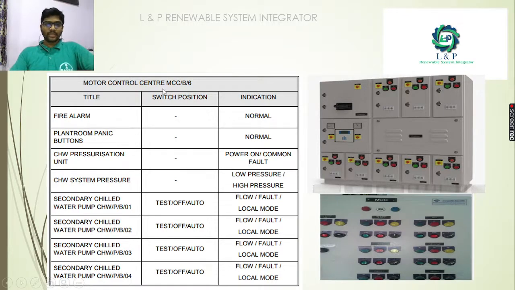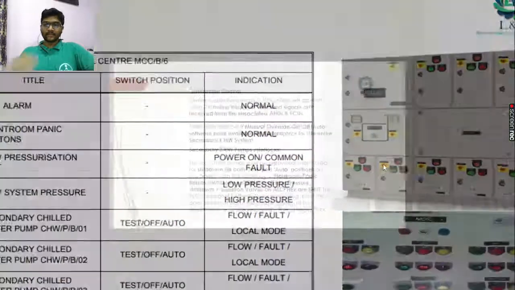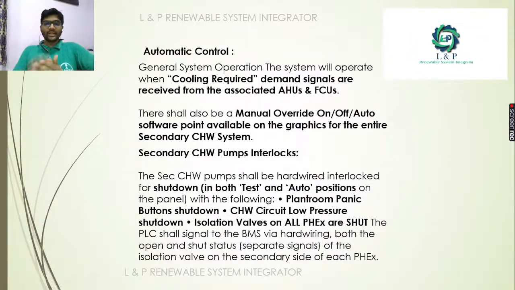With the help of the motor control center, we are going to monitor and control many signals, for example fire alarm signals, panic buttons, chilled water pressure station units, power on and power off status, and all the pumps' test status, off status, auto status, flow status, fault status and local modes. Everything we monitor with the help of these MCCs.